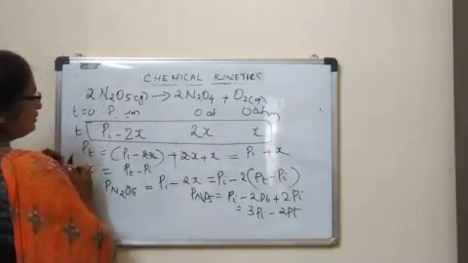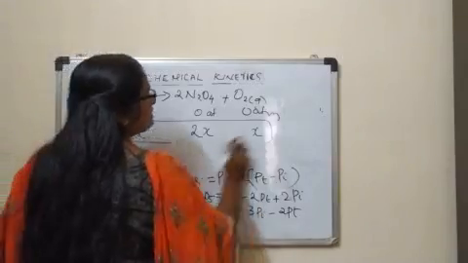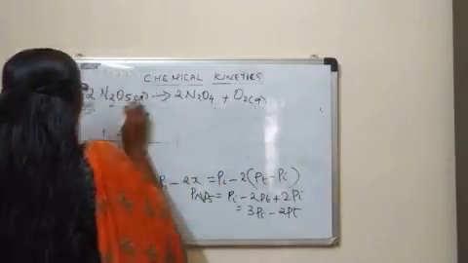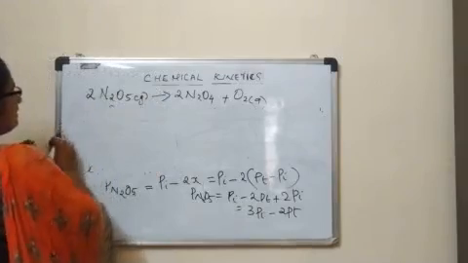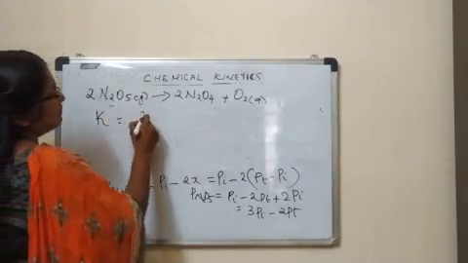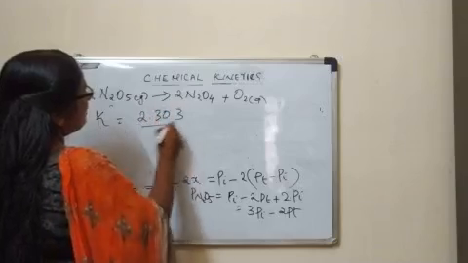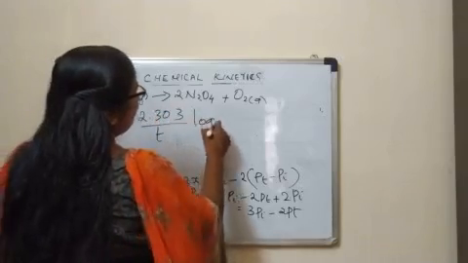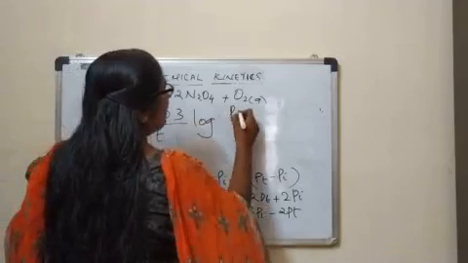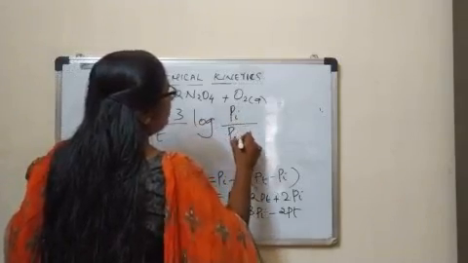Next, substitute this value in the equation for a first order reaction. K is equal to 2.303 by T log Pi by PN2O5.